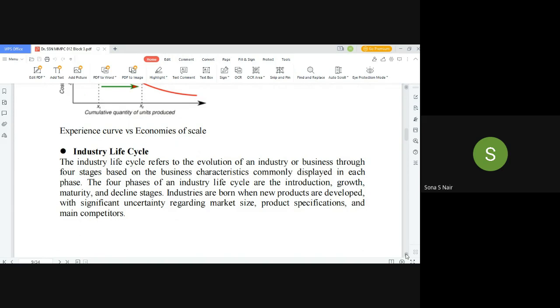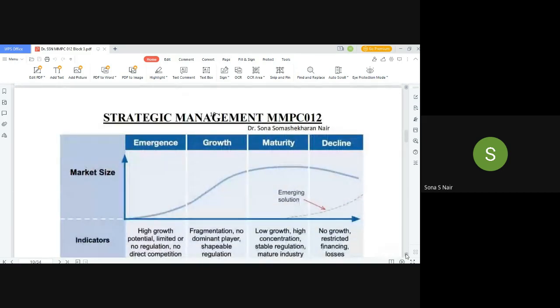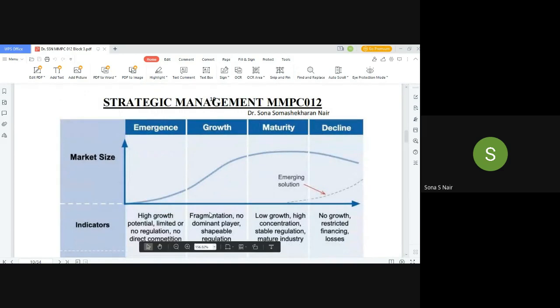And if you remember, there's a thing called product life cycle, which you've seen. The industry life cycle is also like the product life cycle. Why? Because when a new product comes into the marketplace, initially it takes some time to establish itself.